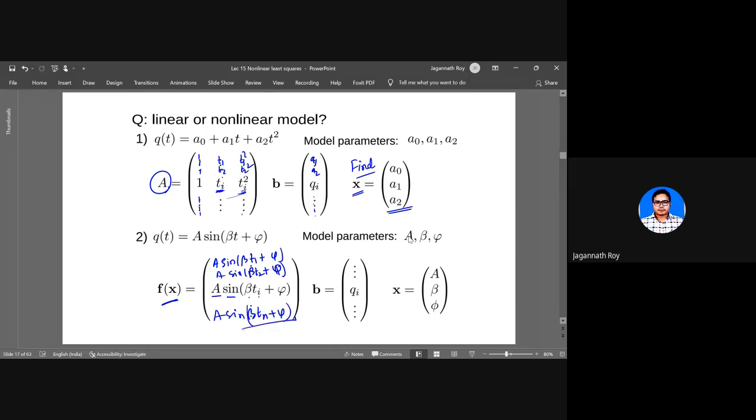All these values T1, T2, Tn will be given, and Q1, Q2, Qn will be given. From this system, we have to find these values A, beta, and phi. So that is our task.